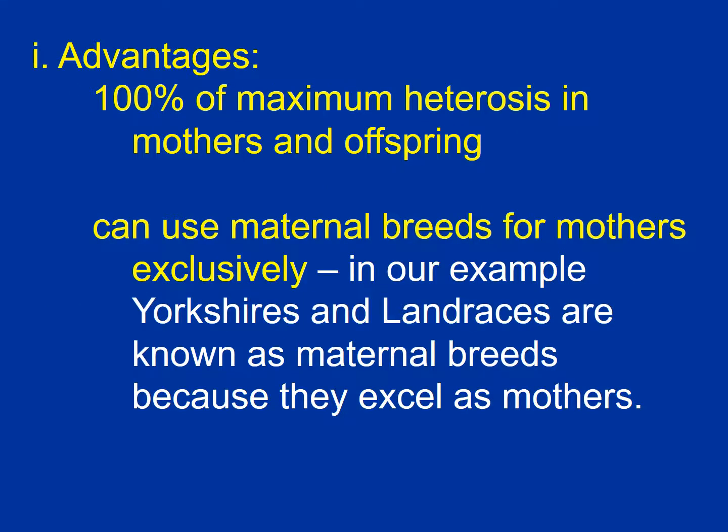The advantages of this three-breed terminal cross is that we get 100% of maximum heterosis in both the mothers and the offspring. And also we can use maternal breeds for the mothers exclusively. So the white breeds, Yorkshire and Landrace, are known as maternal breeds because they excel as mothers. And this is what's known as using the breeds in a complementary fashion for crossbreeding.